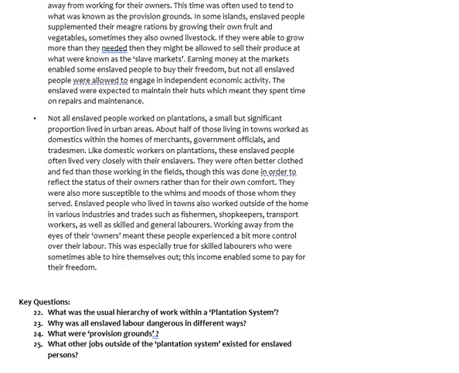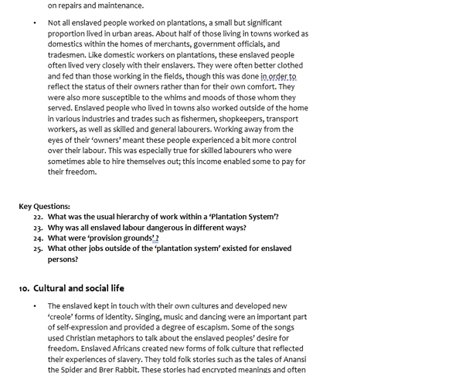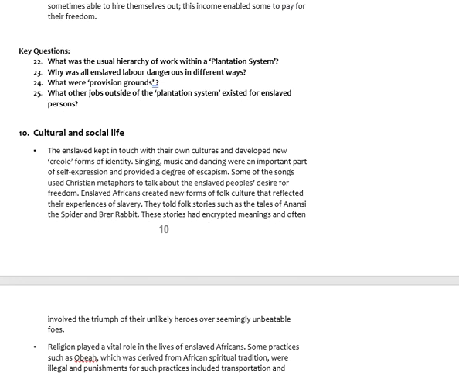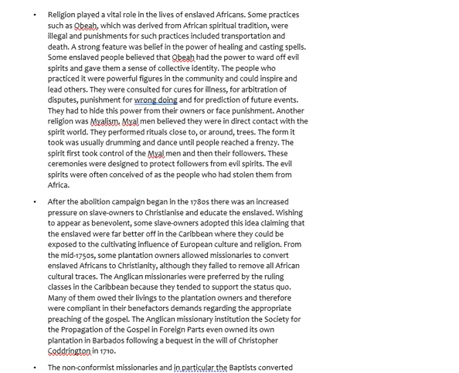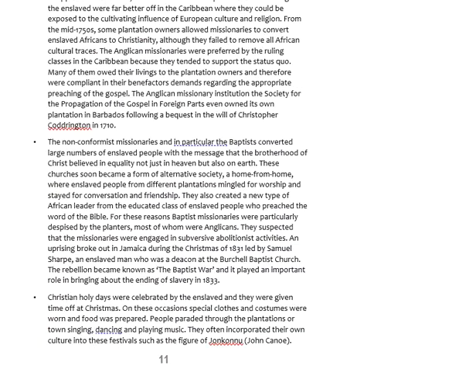What did work look like? Well, work looked different to different people who were enslaved, and we must say there was no one typical slave or enslaved experience. So reading through that, you'll see ideas of provision grounds, ideas of urban versus plantation slavery. What was it like for the cultural and social life of the people in the Caribbean and places like Jamaica?